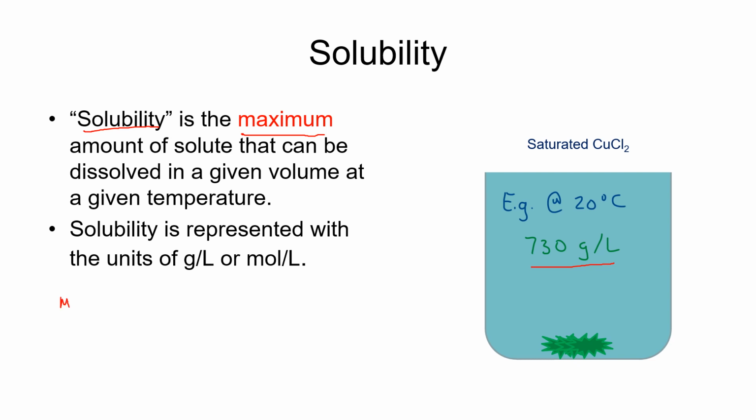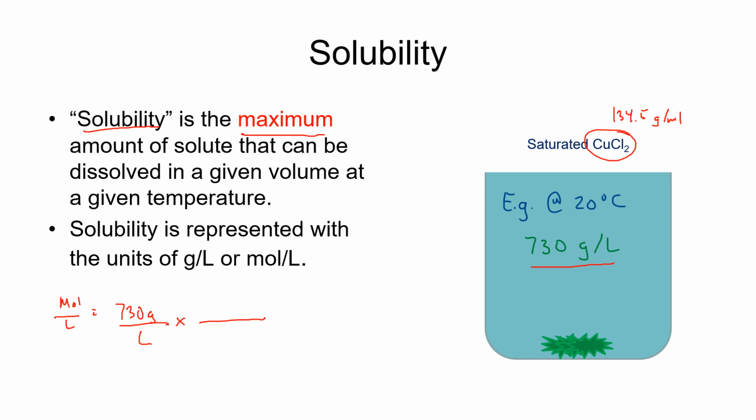So if you want moles per liter and you have the 730 grams per liter, you can always convert that by using the molar mass. So this is copper(II) chloride with a molar mass of 134.5 grams per mole.